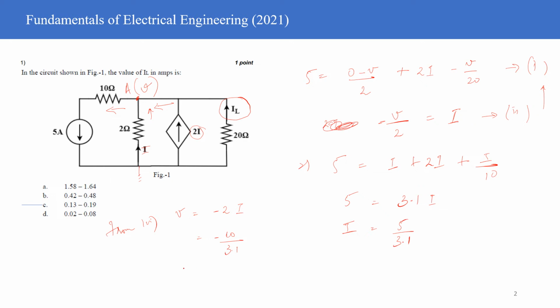And then IL is nothing but V upon 20 ohms. This is your IL. So you solve this, you will get the answer as IL is equals to 0.16. I have done it, so I remember it kind of. So 0.16 amperes, and then you can proceed forward.